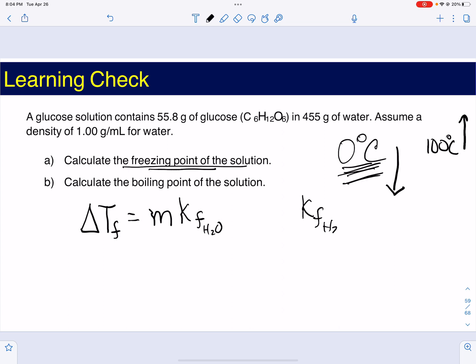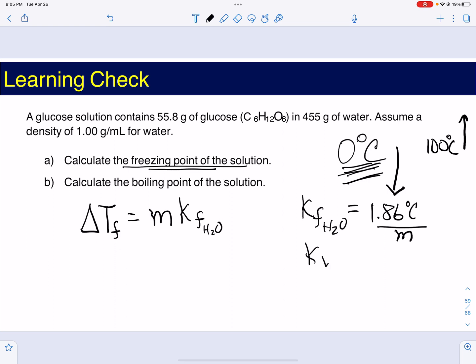So the constant for the freezing point of water, KF, is going to be 1.86 degrees Celsius over molality.